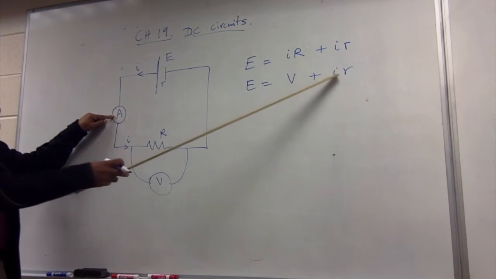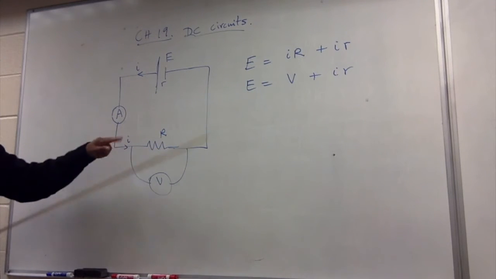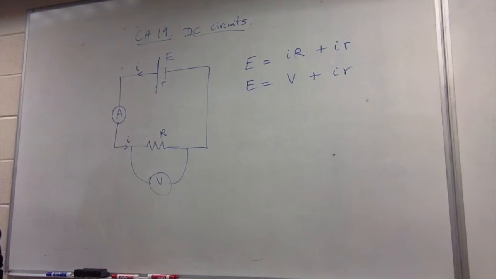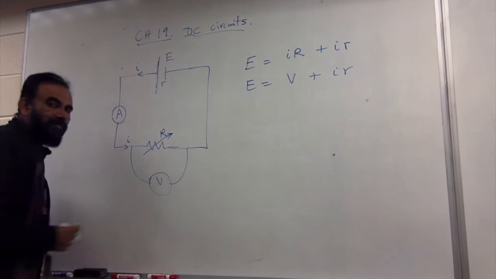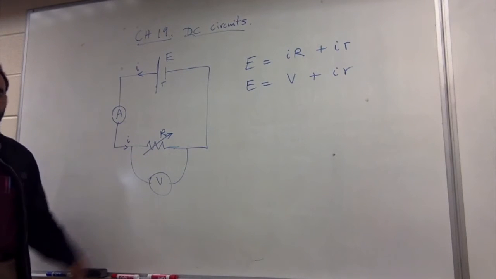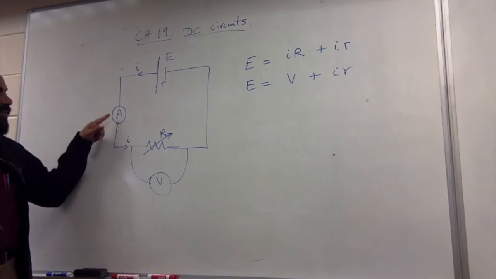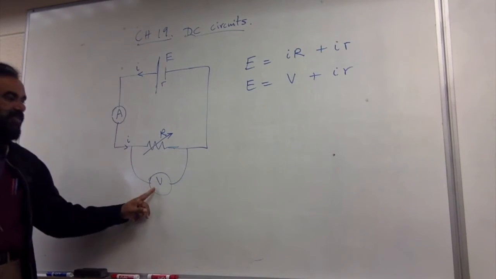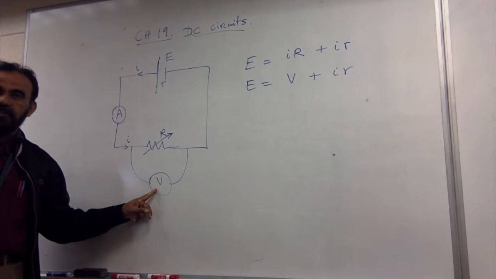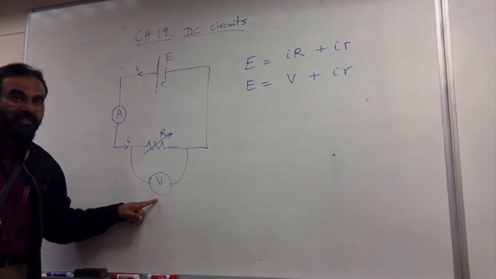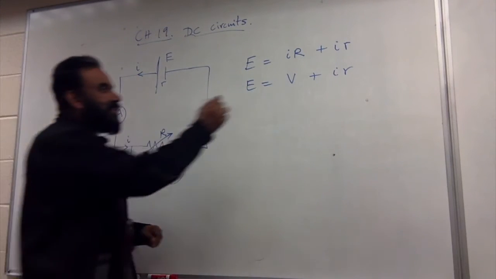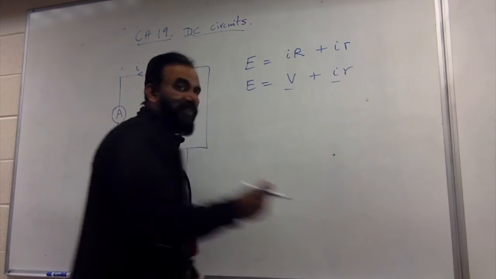Now what will happen if the resistance is changed? If you change the resistance, then automatically the current is going to change, and that means the voltage will be affected. So the ammeter's reading changes and the voltmeter's reading changes. We have these as our variables.